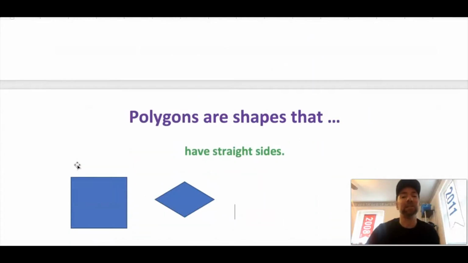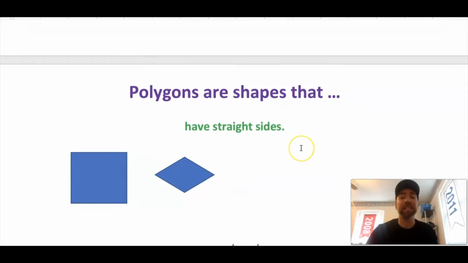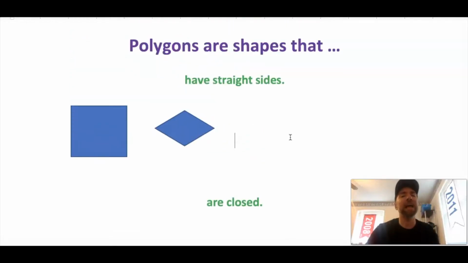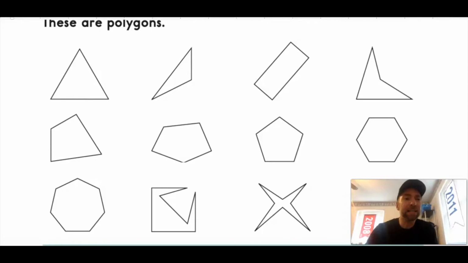But polygons have more rules. Let's see what the next one is. Polygons are shapes that have straight sides and are closed. That means once you're inside the polygon, you can't get out. Let's see if that's true. So back on page 156, when I look at my shapes, if I'm inside, I can't get out of it. We call that closed.